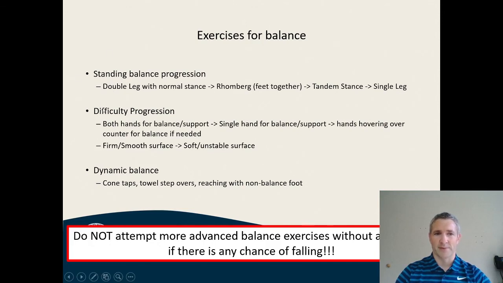So both hands for support, start with your normal standing stance, and then progress through this system again. Okay, so there's a lot you can work on, and it gets much more difficult when you go to a softer, more unstable surface.